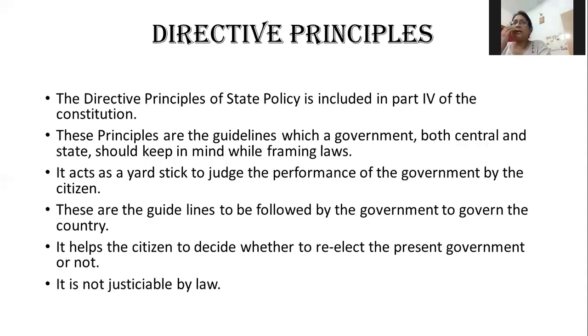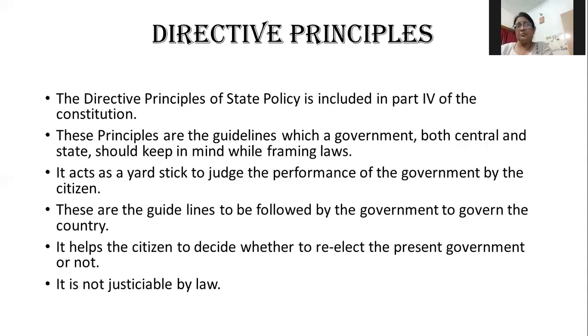So the directive principles are just guidelines for a government to rule the country. Sometimes these directive principles act as a yardstick for the citizens to judge the performance of the government. Suppose the government is working properly or not, how will you know?